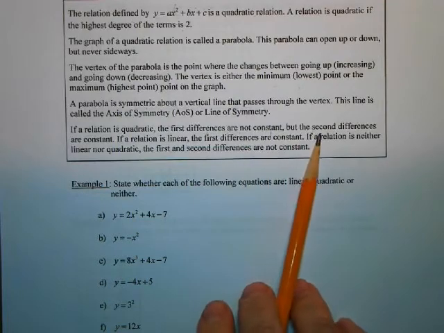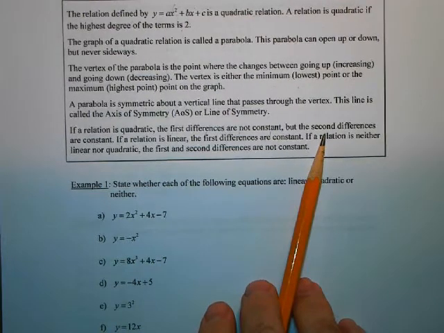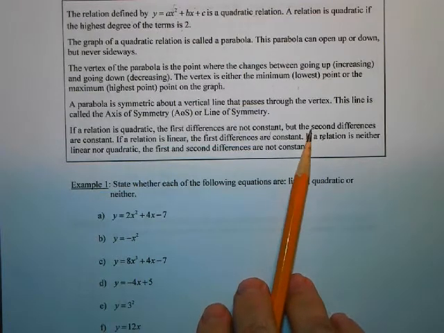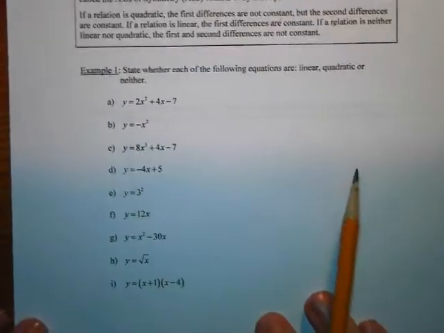But if you look at something called the second differences, and we'll do examples of this, the second differences are constant. So this is just extending what we did with tables of values to determine if a relation was linear or not. But now we're going to know, is it linear, is it quadratic, or is it something else? Okay, and we'll look at examples where we do that.